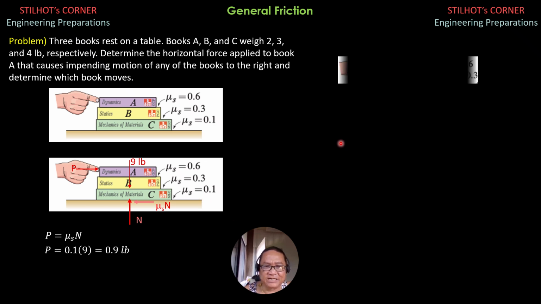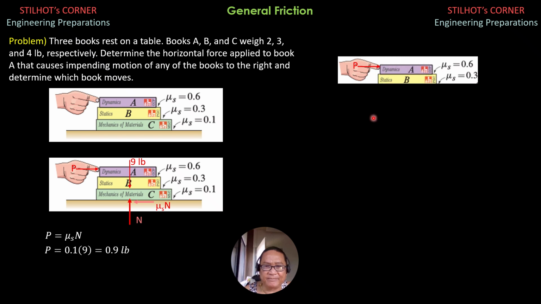For the second scenario, A and B will move as a unit. B tends to move to the right past C, and C will remain. The total weight of the two books would be only 2 plus 3, and that is 5 pounds as shown.